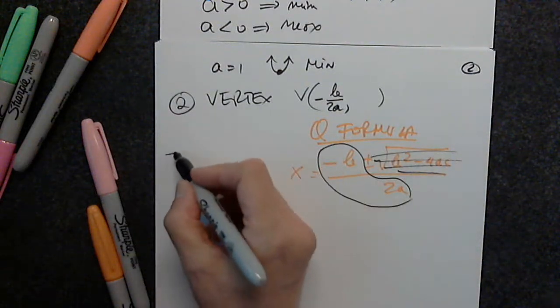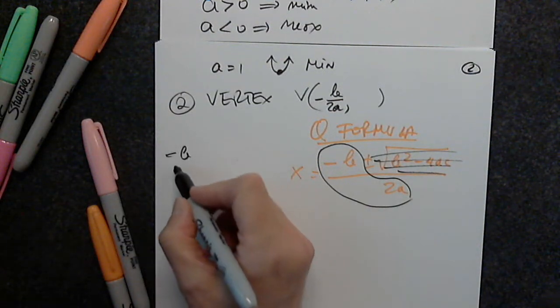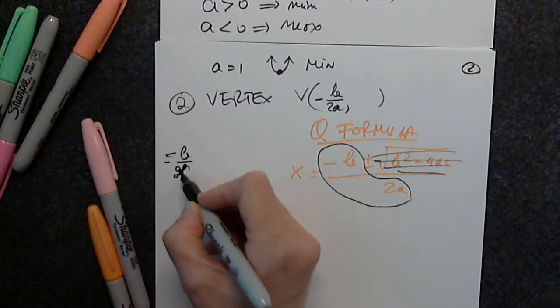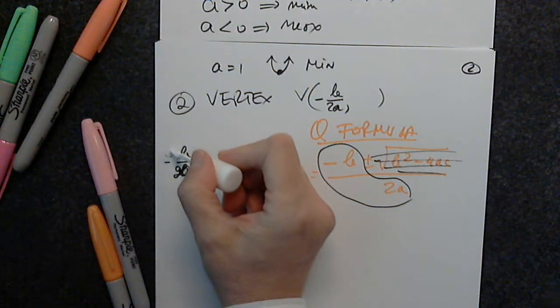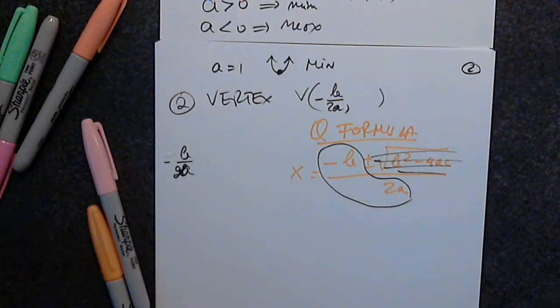So let's find it for our function, negative b over 2a. The minus has to be right in front of the fraction line. I'm sorry, my marker kind of has a mind of its own.